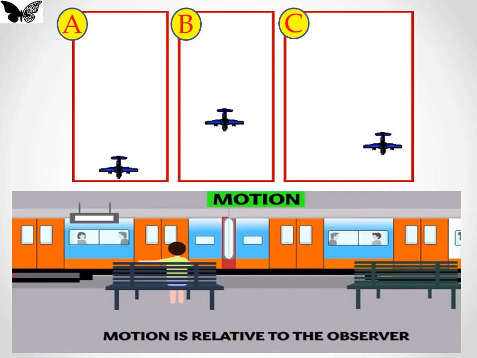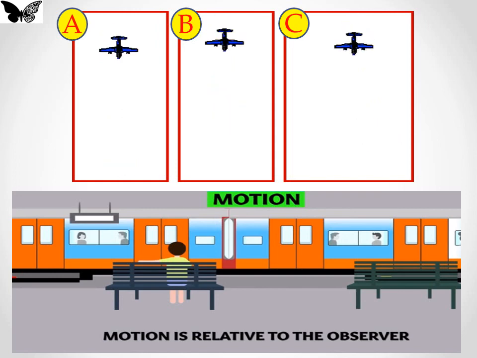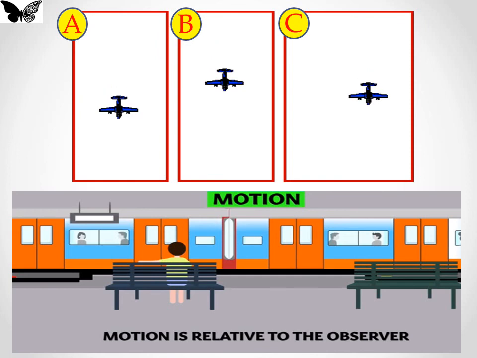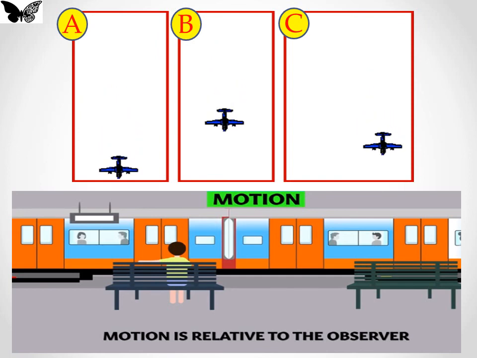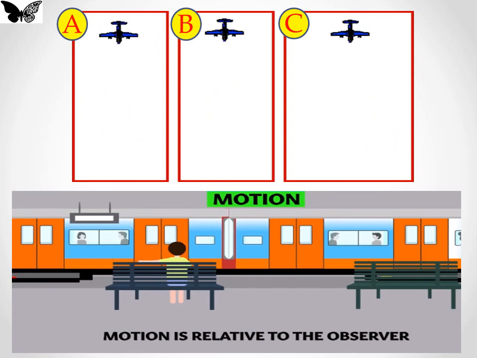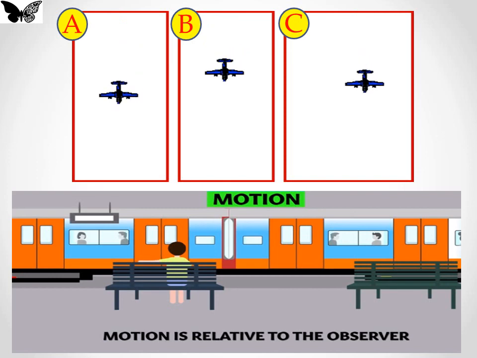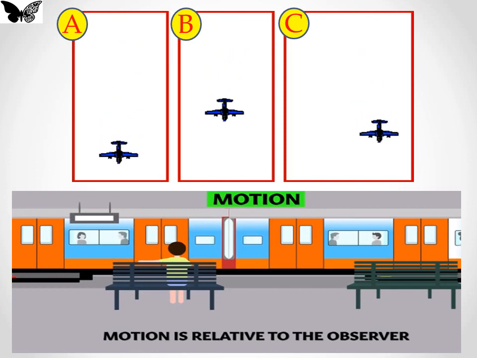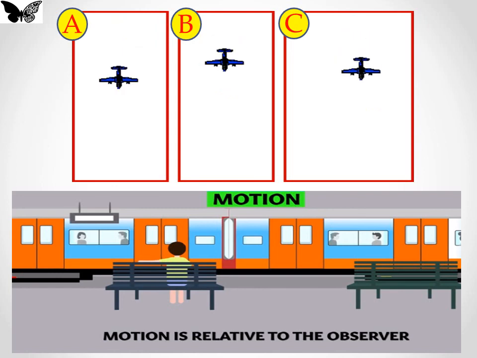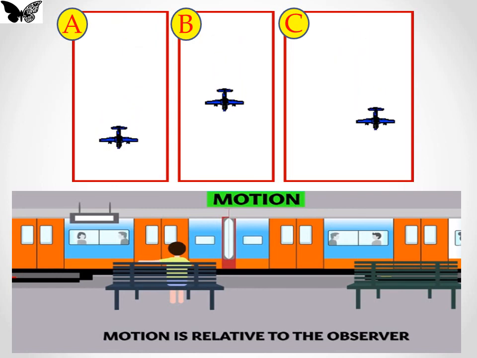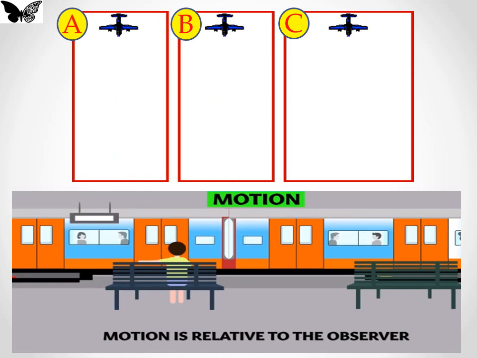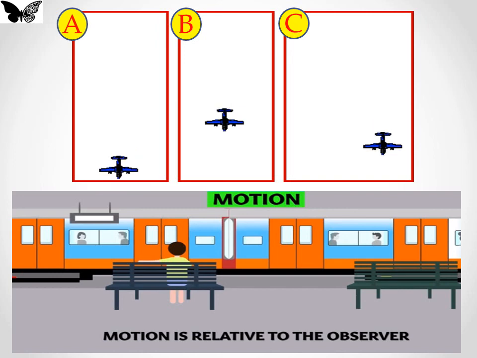You observe the motion of the plane. Either it's fast or slow, and you decide it's fast or slow according to other planes. This is called relative motion, where you decide the motion of an object is fast or slow relative to another object, moving or fixed.